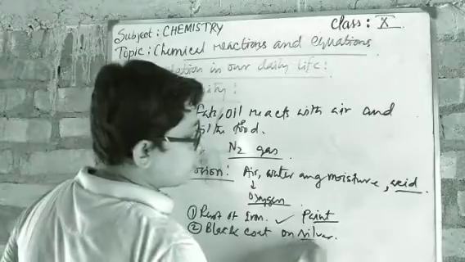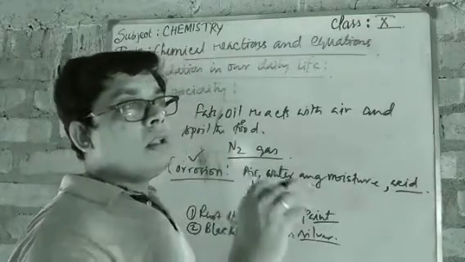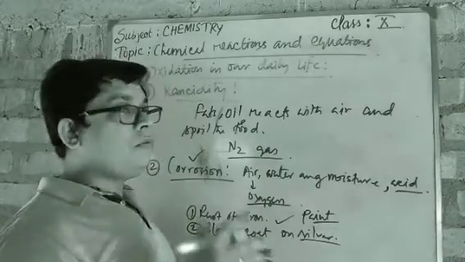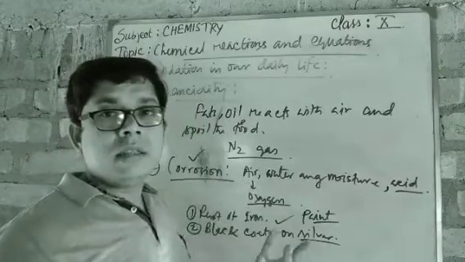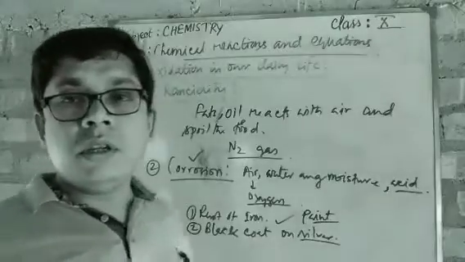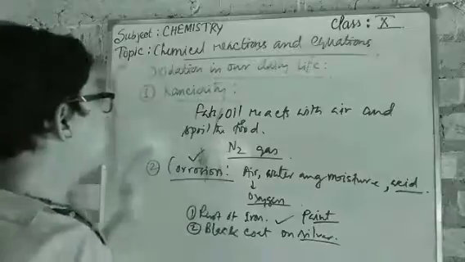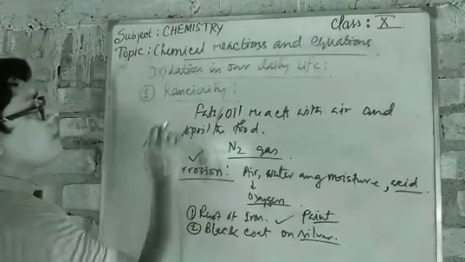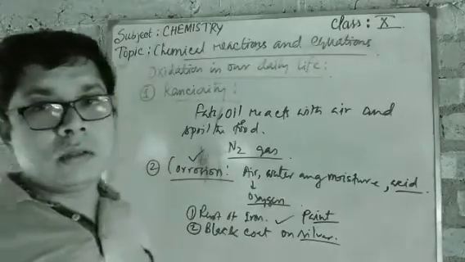And for the black coat on silver ornaments, you will observe that most of the time people take the silver ornaments to the jewelry shop, and they give them for washing, and it shows the glitter again. So in this way we have to prevent corrosion on metallic substances. So in this way the oxidation in our daily life is complete. Number 1, acidity with the food items, and number 2, corrosion with a few metallic substances.